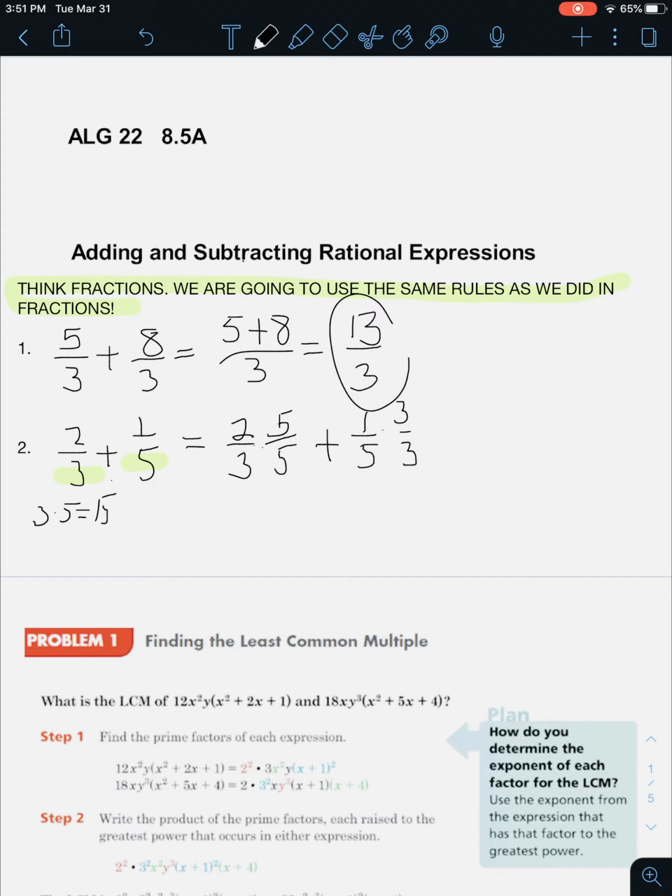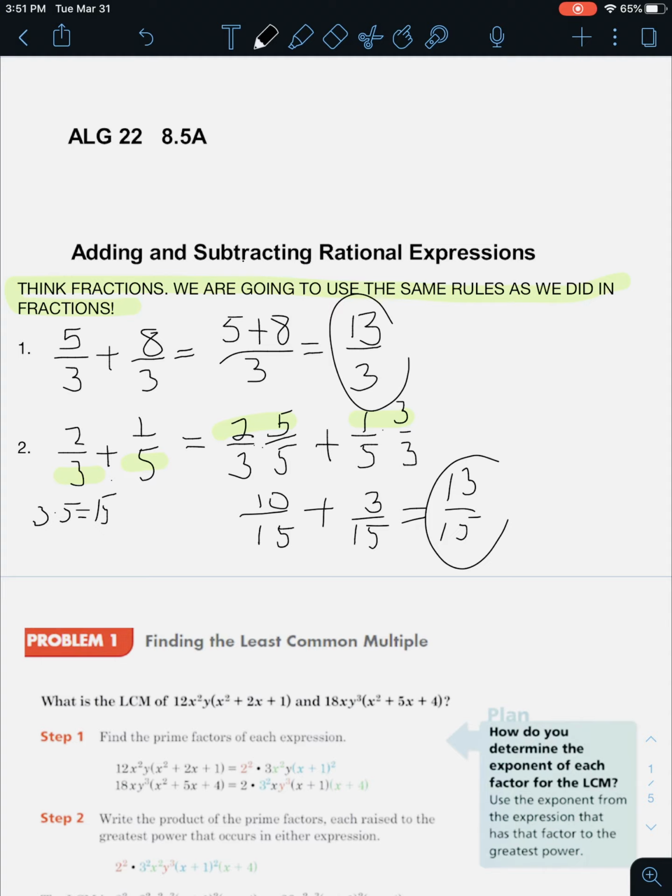So this is going to give us 10/15 plus 3/15, which gives me a total of 13/15. And that's how I would get the sum of those two fractions.